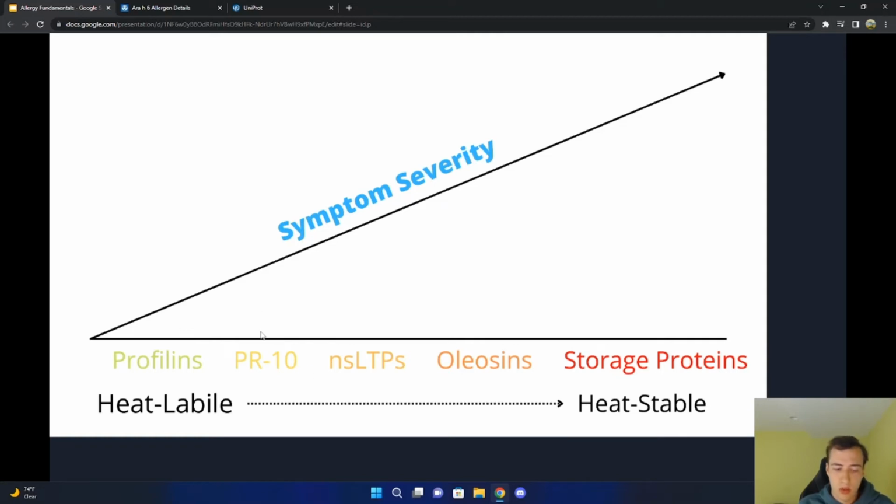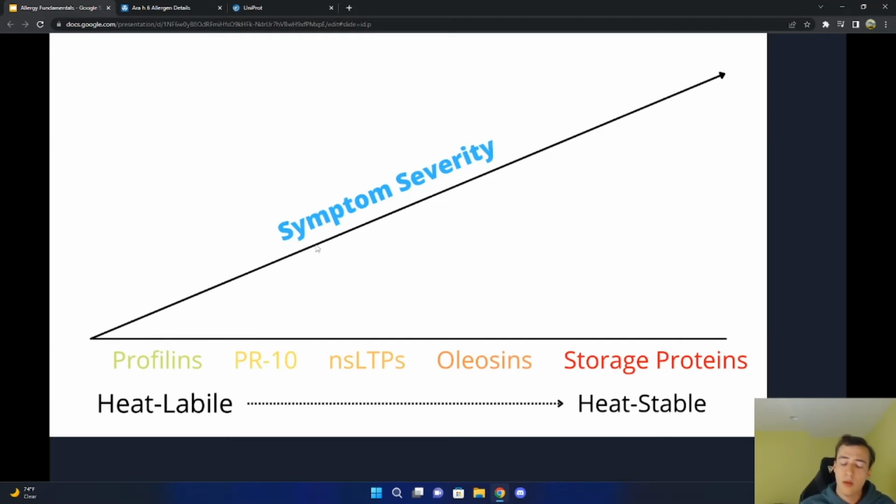That's why with things like oral allergy syndrome and other food allergies, when you cook the food, you're not allergic, but if you eat it raw, then you might have symptoms. But typically, oral allergy syndrome and oral allergies in general are mostly these first few protein types, and the symptom severity is mostly localized to the mouth.